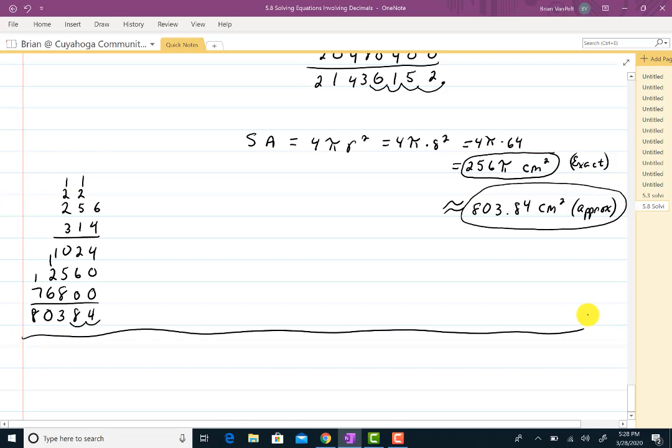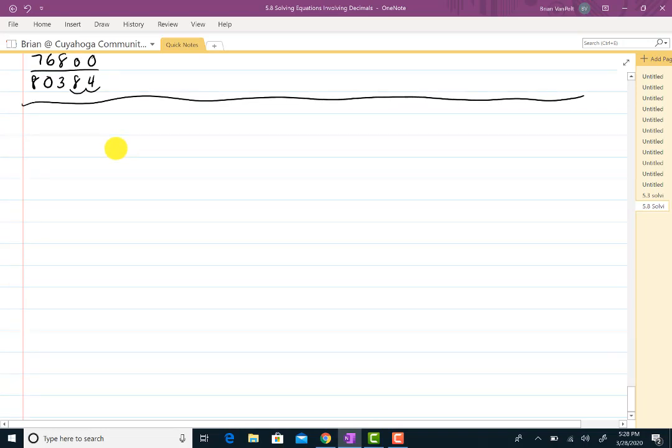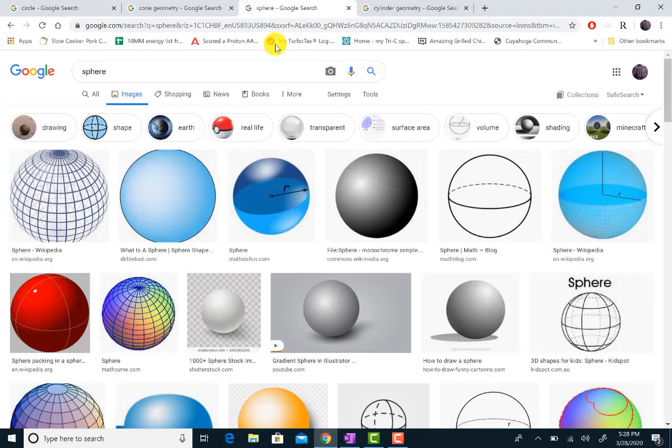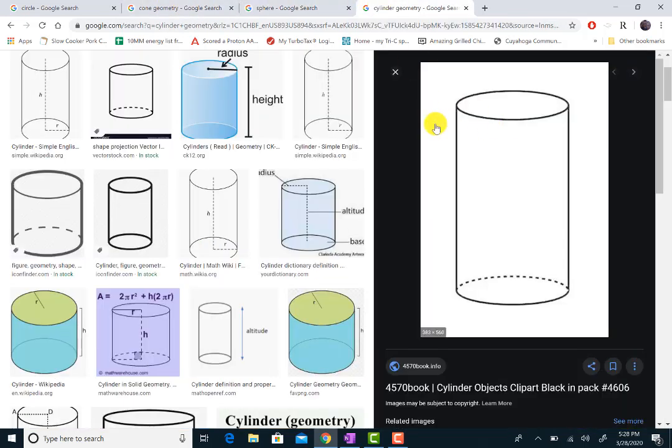Now, the next shape that we're going to move on to is cylinder. Let me go ahead and grab a picture of one of these things so that you know what you're dealing with. Cone, cylinder, there we are. Got it, that's a good looking picture.